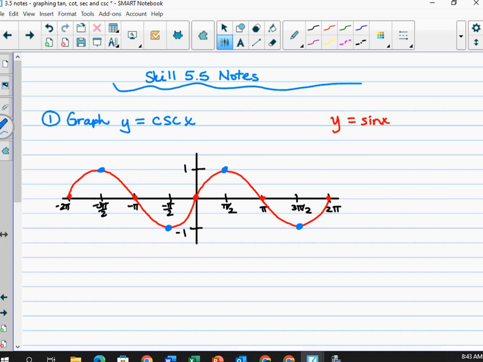Okay, the tricky one. What's the reciprocal of 0? Undefined. So anywhere that sine is equal to 0, your cosecant graph is going to have an asymptote. Every time.